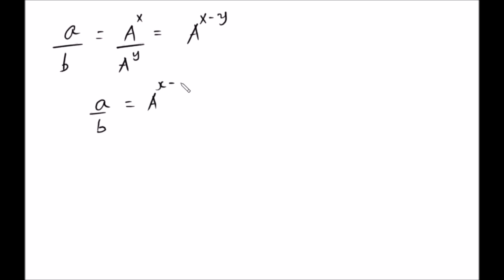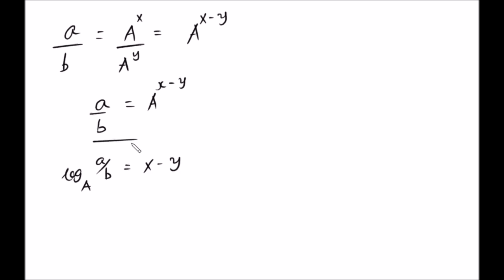Now mfano nikachukua a over b. So a tulisema ni A power x, alafu b tulisema ni capital letter A power y. Kwa hiyo hii itakuwa sasa na capital letter A according to the laws of indices. So tumeona kwamba a over b ni sawa na capital letter A power x minus y. Kwa hiyo hii sasa ni hivi, log hii base na kaa chini, a over b ni sawa na index.